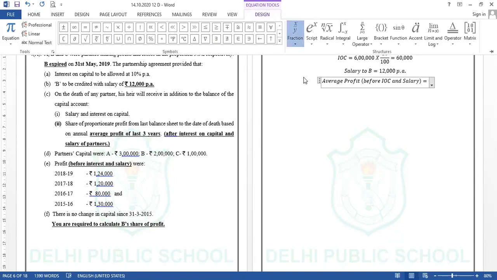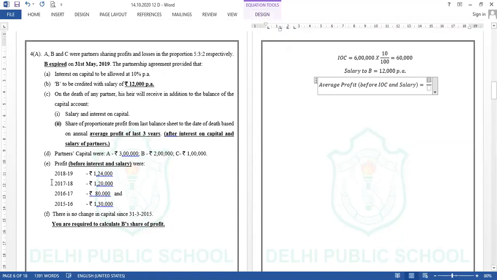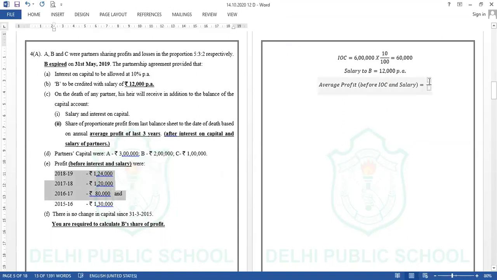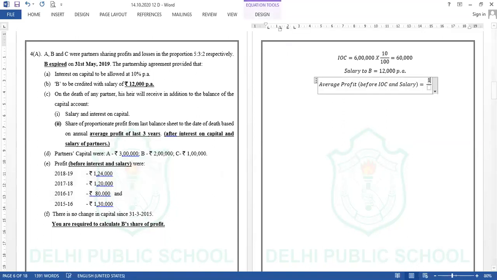Let me take the profit of the last 3 years. Last 3 years profit can be seen over here, right? 124, 120, and 80. So let me add these three values: 124,000 plus 120,000 plus 80,000, to be divided by 3.